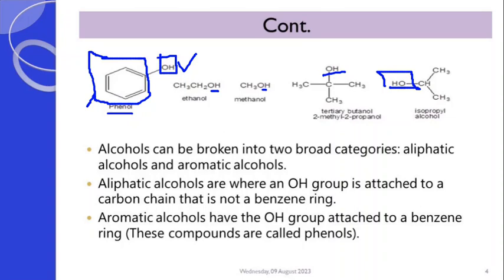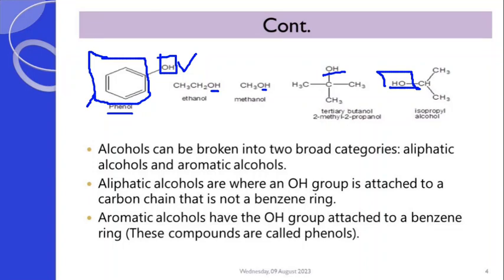In the broad categorization of alcohols, we can say that alcohols can be aliphatic or aromatic. The difference here is that one of the categories has a benzene ring or OH attached to a benzene ring.